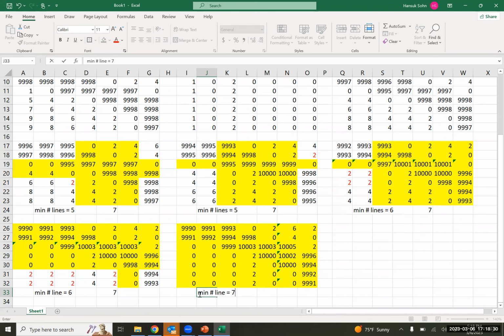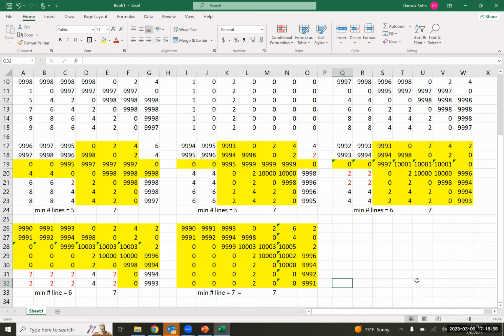And this value is equal to the total number of rows or the columns, which is 7, right? So I believe with this reduced cost matrix, we should be able to do the 0 cost assignment, okay?